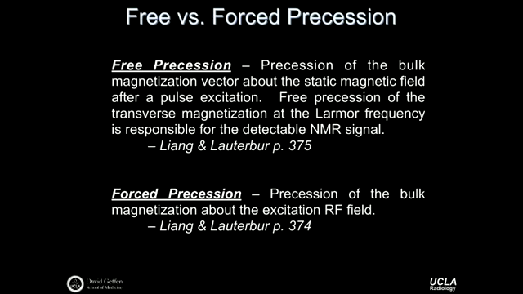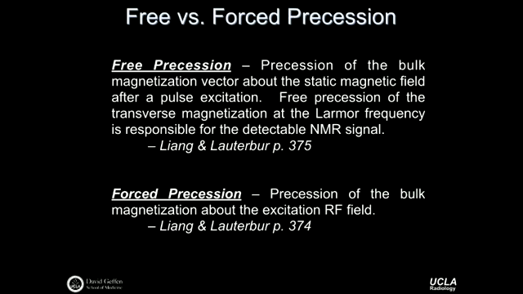So we put spins in the B0 field and we act on them in some way. Maybe we have an RF pulse that acts on them, perturbs the system, and now we're no longer perturbing the system. They're just going to freely precess in that B0 field and go back to some equilibrium state. So free precession of the transverse magnetization, specifically at the Larmor frequency, is what's responsible for the detectable NMR signal. So free precession is a really important state for us.